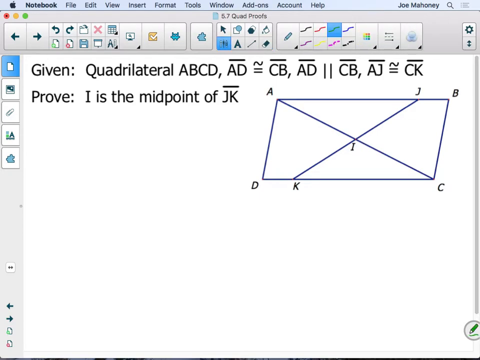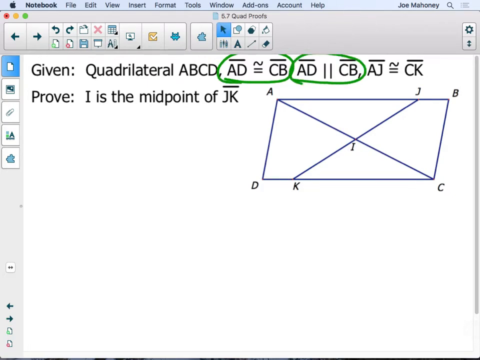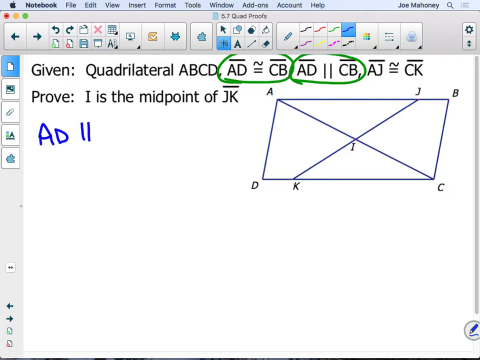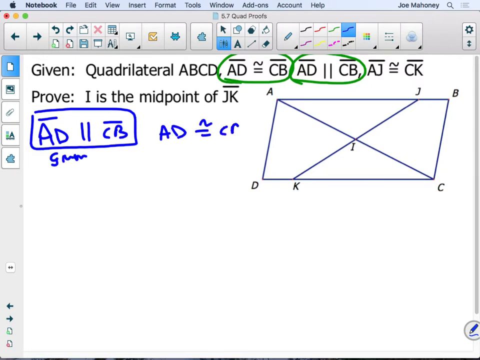Well, look what you were given. You were given AD congruent to CB, and you're given AD parallel to CB. So the first thing I see is I've got one pair of sides that are both parallel and congruent. So right off the bat, I'm going to say this thing's a parallelogram. So I'm going to start by saying that AD is parallel to CB. That's given. And I'm going to say that AD is congruent to CB.